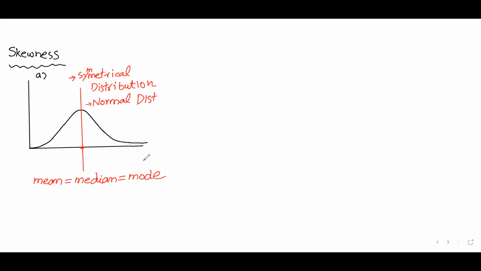So let's build the concept of what is a normal distribution or a symmetrical distribution. Let's take an example. For example, I gave you a quiz. This is my marks distribution. Let's say this is 0 and this is 100.